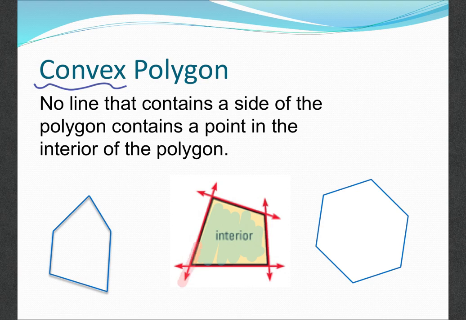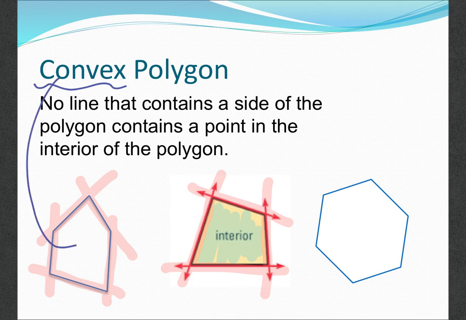So if I were to extend each side in both directions, none of those extensions end up crossing into the interior of the polygon. If I do that with the polygon on the left here, neither of these sides would extend in. So this would also be a convex polygon. Same with the one on the right.